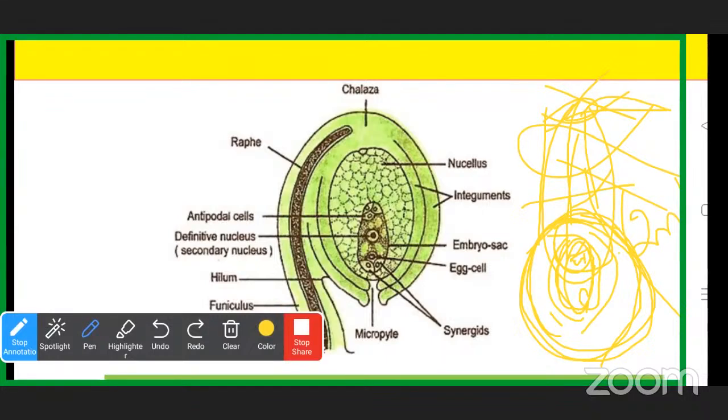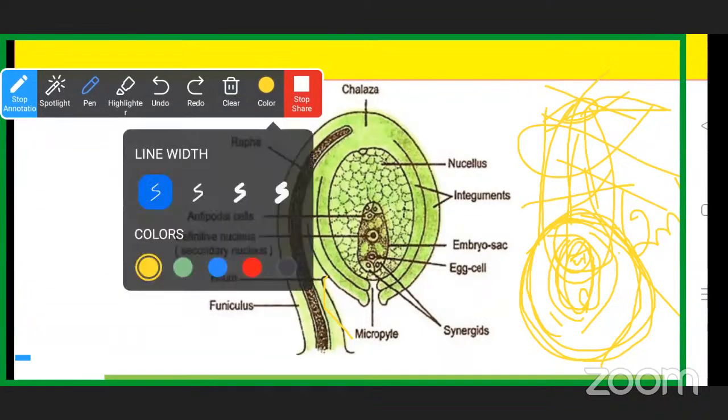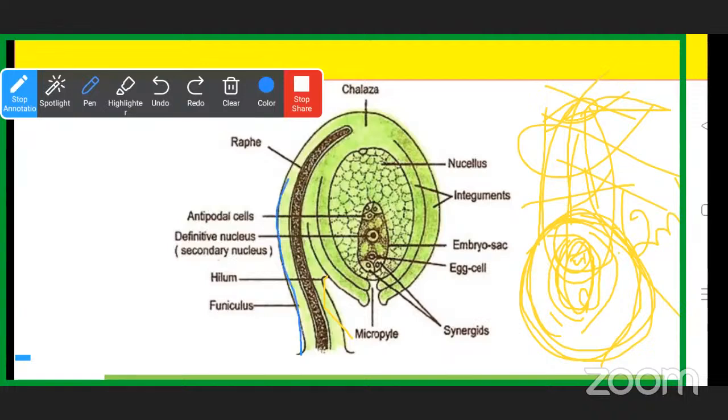There you can see in this ovule structure a stalk-like structure attached to the ovule. We call it the funicle. The competitive exams ask about the hilum.